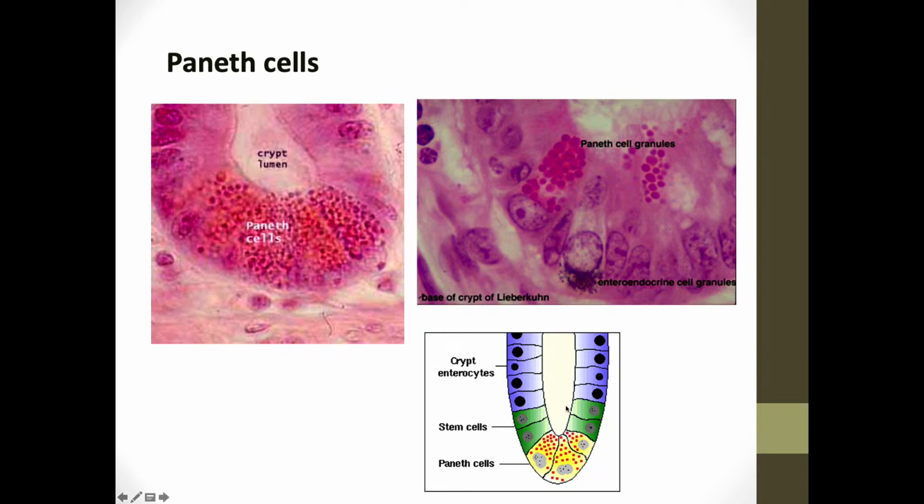It's a crypt with enterocytes, but here in crypts is a special type of cells. They are the Paneth cells, well visible cells. Why? Because they contain large, very acidophilic granules. Usually they are located in the basal part of the crypts, like this.